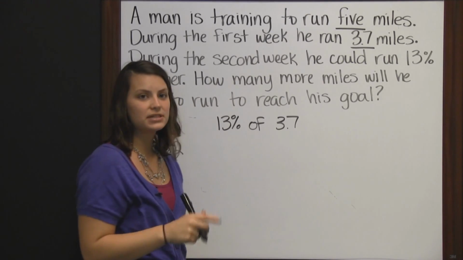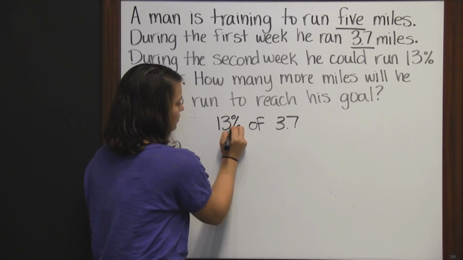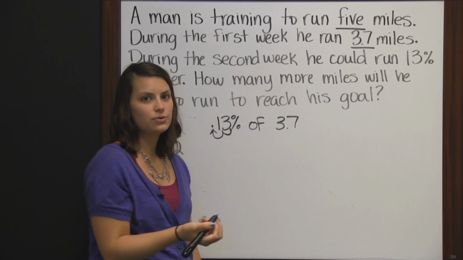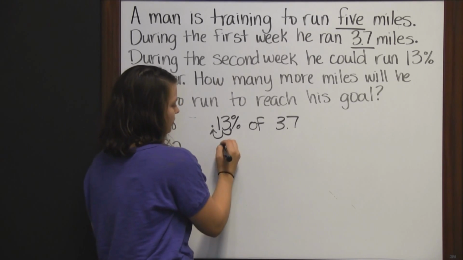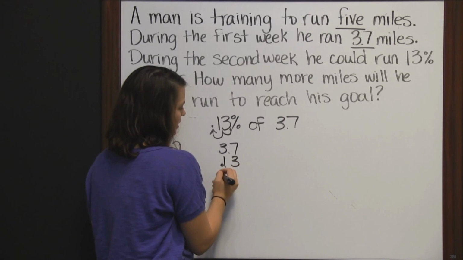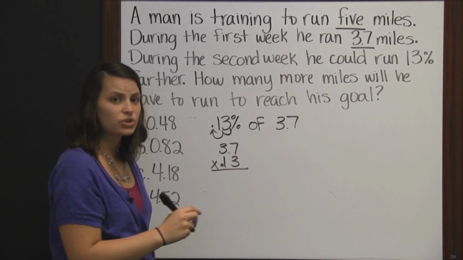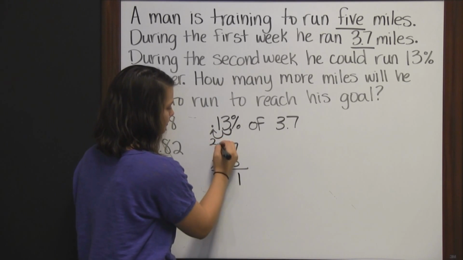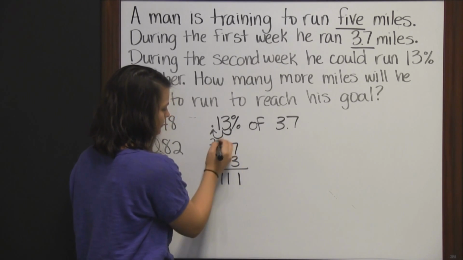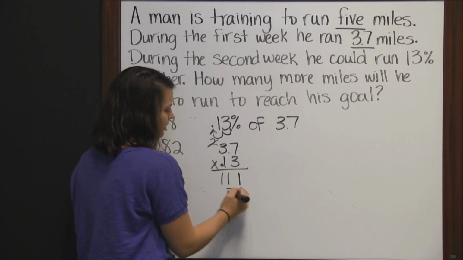So we're going to take our percent and change it to a decimal. Move it 2 places to the left. And then we're going to multiply 3 7/10 times 1300. 3 times 7 is 21. 3 times 3 is 9, 10, 11. 0 placeholder. 1 times 7 is 7.